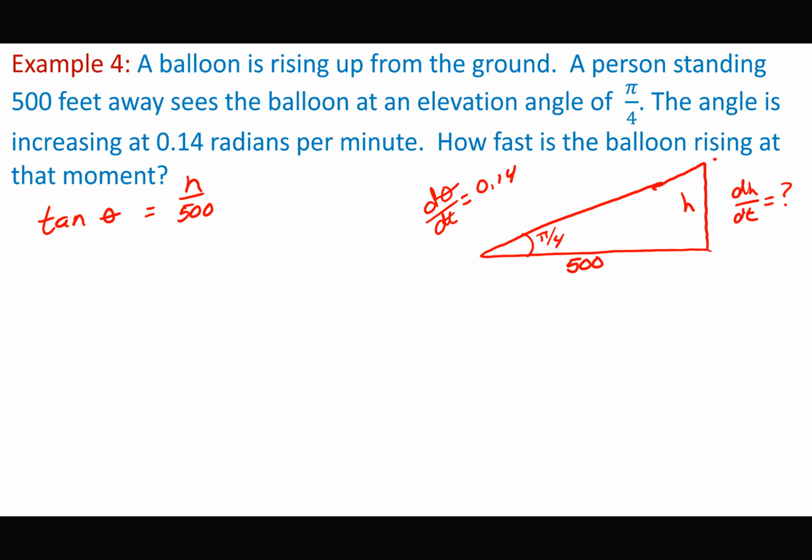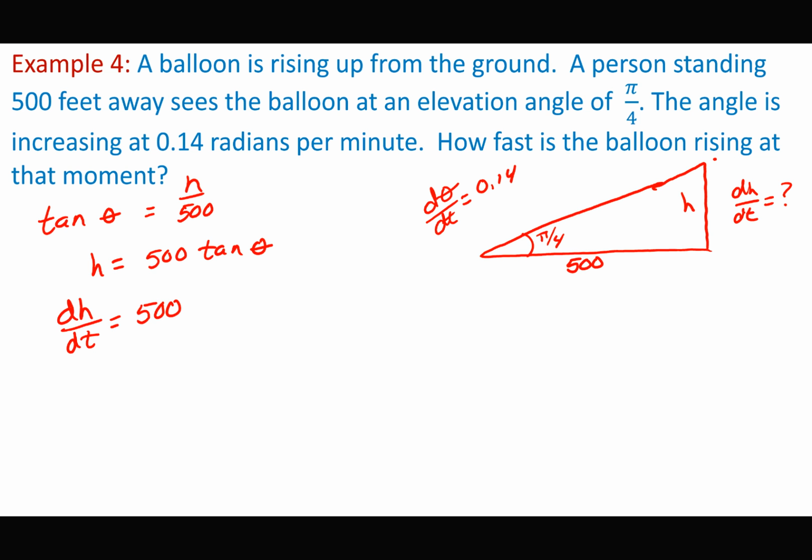Okay, but I'm trying to solve for dh/dt, so I'm going to rewrite this as h equals 500 times tangent of theta. So now I already have it equaling my h. When I take my derivative, dh/dt is what I want. 500 is my constant.